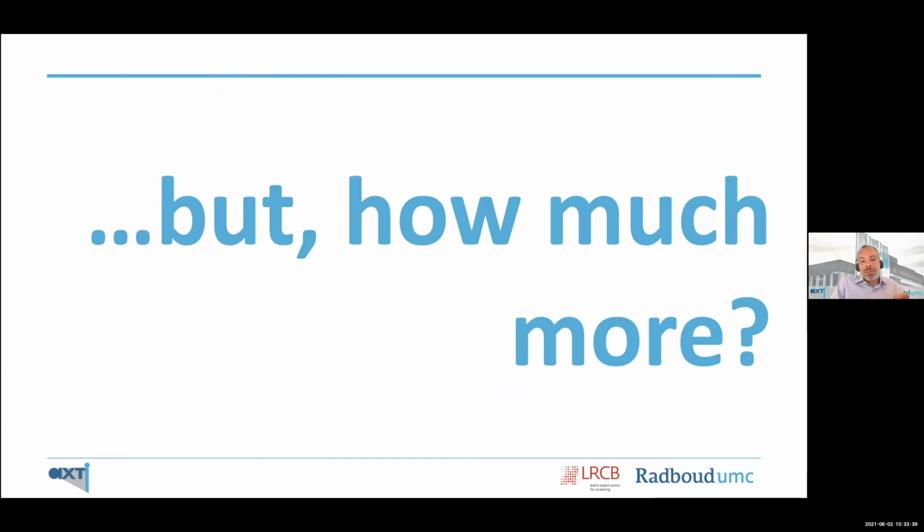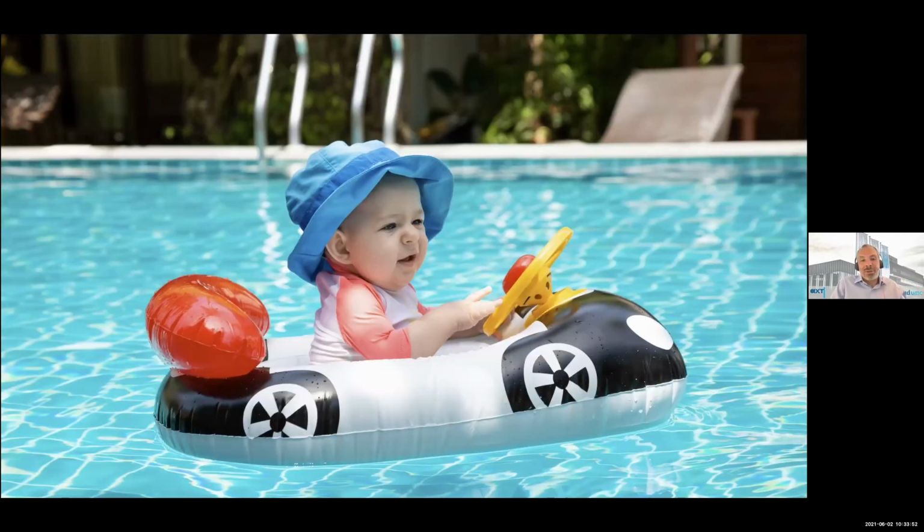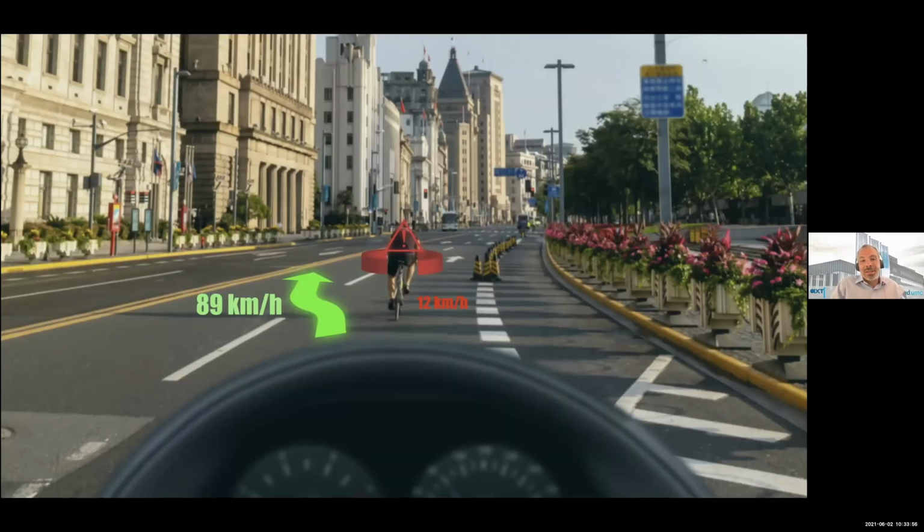And one thing that I do think we need to discuss is how much more evidence do we need? I'm not saying we have it now, but where do we stop before we introduce AI for screening? We let anybody drive a car these days. But as soon as it's an AI that is driving the car, then the threshold of whether that is acceptable becomes much, much higher.